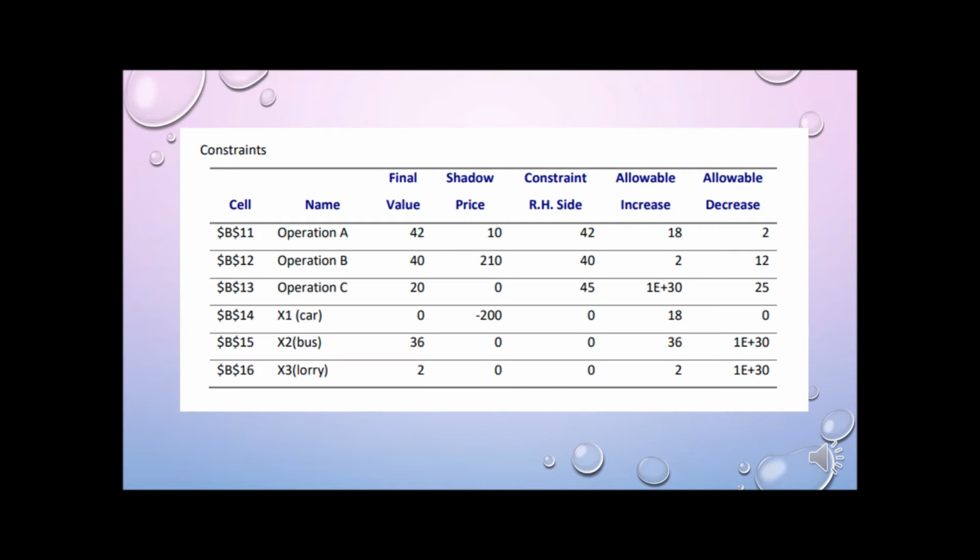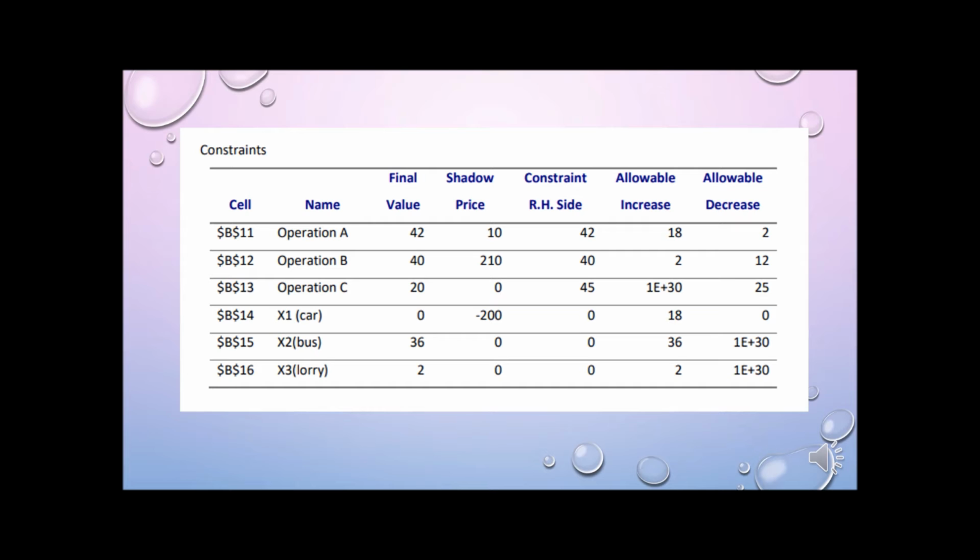Okay, next this is the constraint table. First I will explain to all of you one by one. First operation A. Constraint right hand side is availability. Operation A 42 and final value used is 42 also.